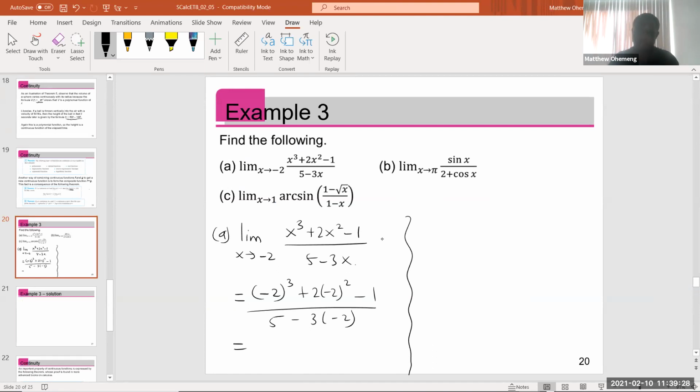Right, so -2 cubed is -8. And then (-2) squared is 4, so 2 times 4 is 8. And then minus 1 over, that's 5, and this question looks familiar, it's kind of like we've seen this before, right? It's 5 plus 6, that's 11. So this will give you what?